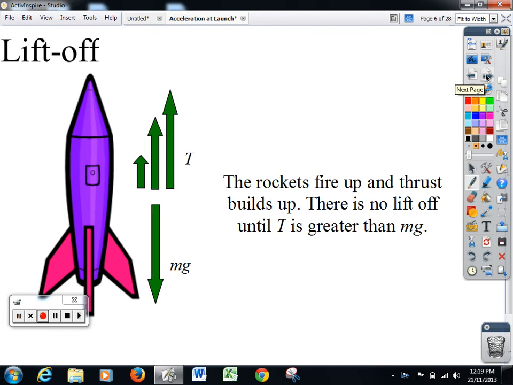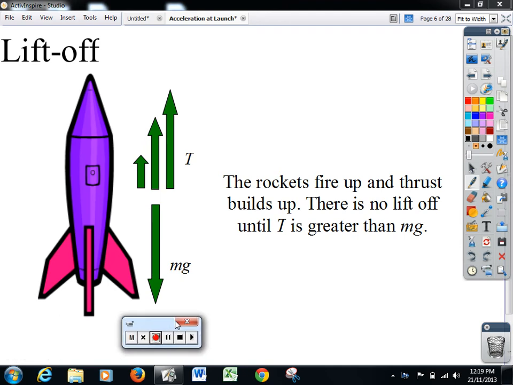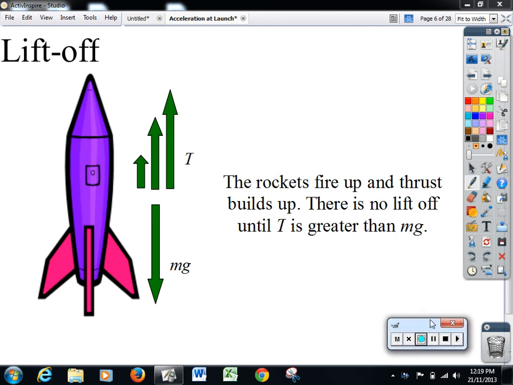Then we turn the engines on. Now, engines have a specific design. The complication of creating engines over the last half a century is that we can't easily manipulate the amount of thrust from an engine. So we either have an engine all on or all off. And what happens is when we ignite the engine, it builds in thrust further and further up until it reaches what we call its maximum thrust.